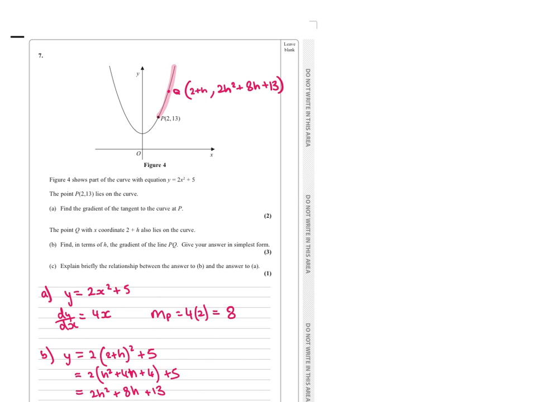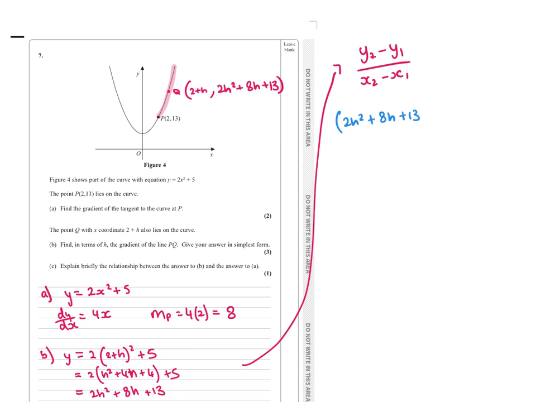How do I find the gradient? Well, nice and easy. y2 minus y1 over x2 minus x1. In this case, my coordinate of y2 is in fact my Q. So we're going to have 2h squared plus 8h plus 13 minus 13 over 2 plus h minus 2.